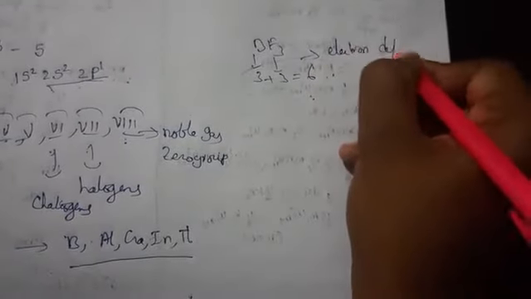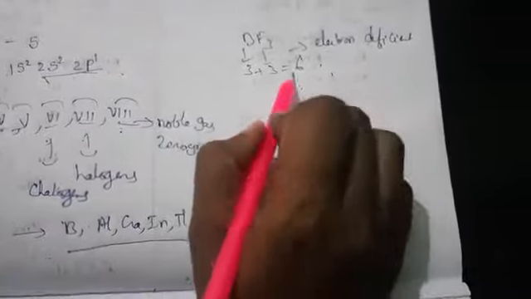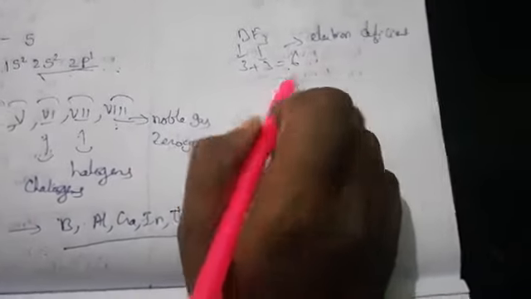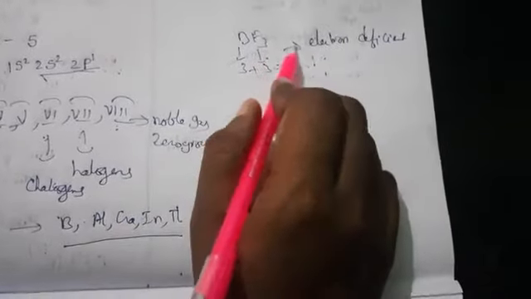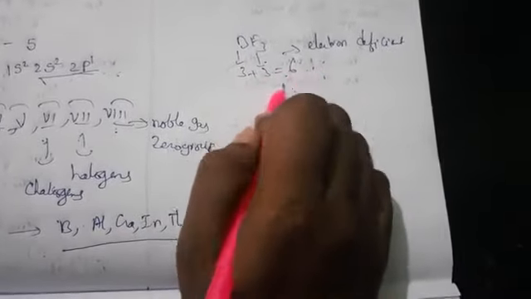Why is it electron deficient? Electron deficient means a smaller number of electrons. It has only 6 electrons, and because of that it is an electron deficient compound. To get the octet configuration, it can accept 2 electrons.